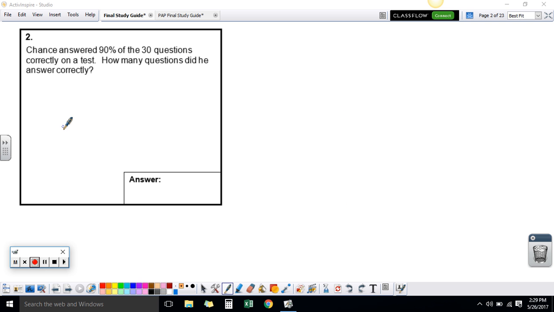Okay, number 2. Chance answered 90% of the 30 questions correctly on his test. How many questions did he answer correctly? Okay, so remember we've got to set up our part over total equals percent over 100. Remember, because percents are always out of 100. Okay, so do we know our part?